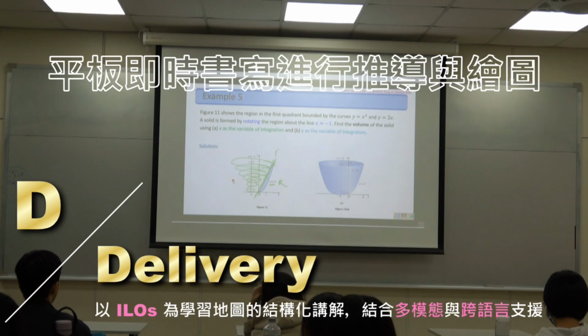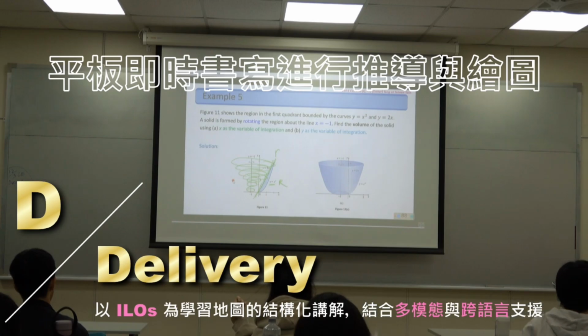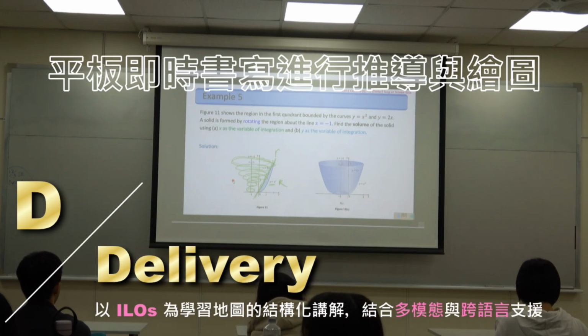Okay, so as long as you can find the outer R and the inner R, you can apply the washer method. But you should know you rotate this way, right? The rotation will be along the y direction. What does along the y direction mean? It means that your volume will be in terms of y, because the area is accumulated along the y-axis.